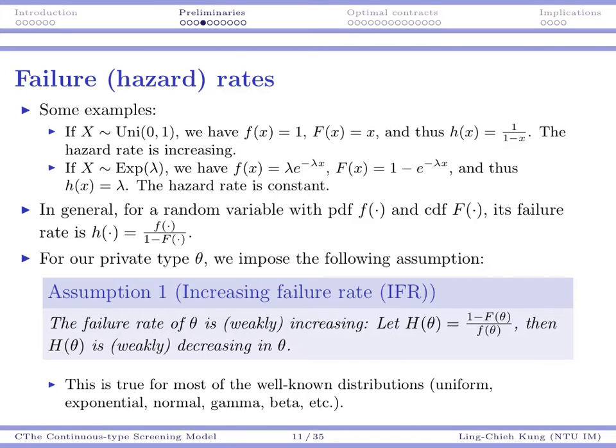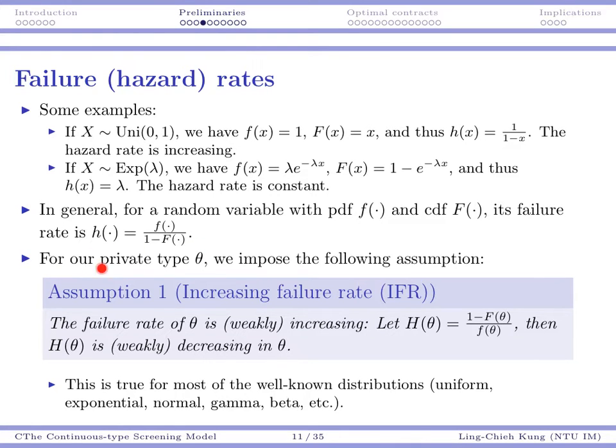In general, for any random variable with PDF small f and CDF capital F, we define its failure rate as small h, which is f over 1 minus capital F. You don't really need to talk about a bulb or a computer or machine. For any random variable, you can make this definition. It's just a definition.